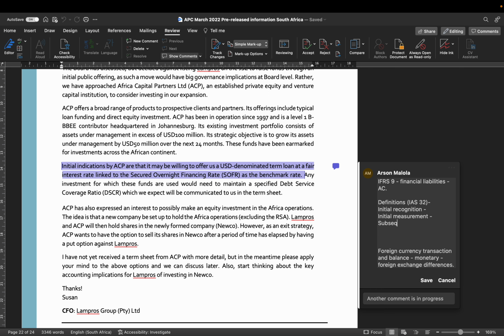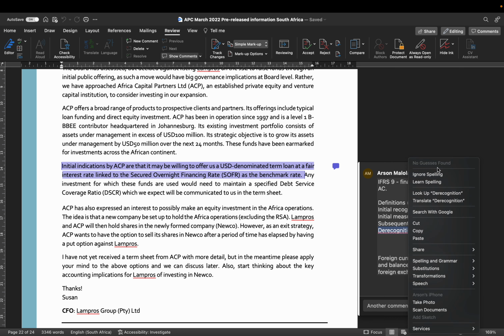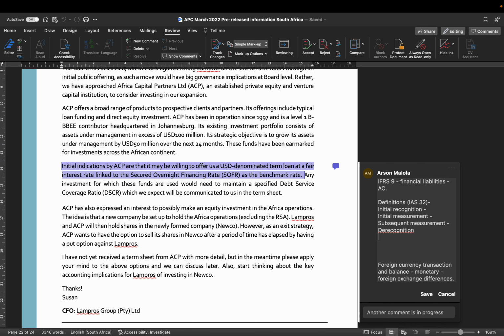Then subsequent measurement, right? As mentioned, amortized cost, unless designated, but doesn't seem to be the case, right? You can just think about derecognition, not really applicable here, nothing showing us that we could have sort of concerns in terms of derecognition, but also presentation and disclosure, right? Now, presentation and disclosure requirements in IFRS 7 is quite onerous.